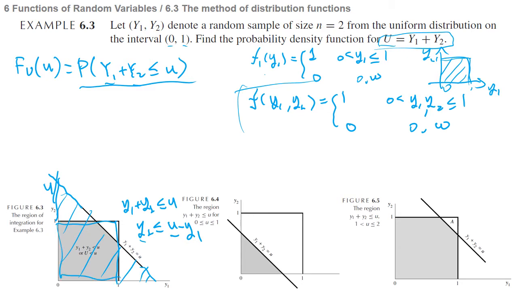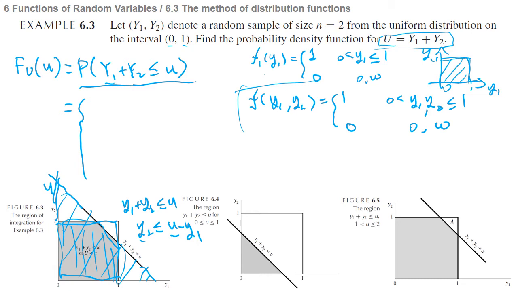So the probability is defined on the intersection of those two areas. However, this intersecting area is different depending on the value of u.